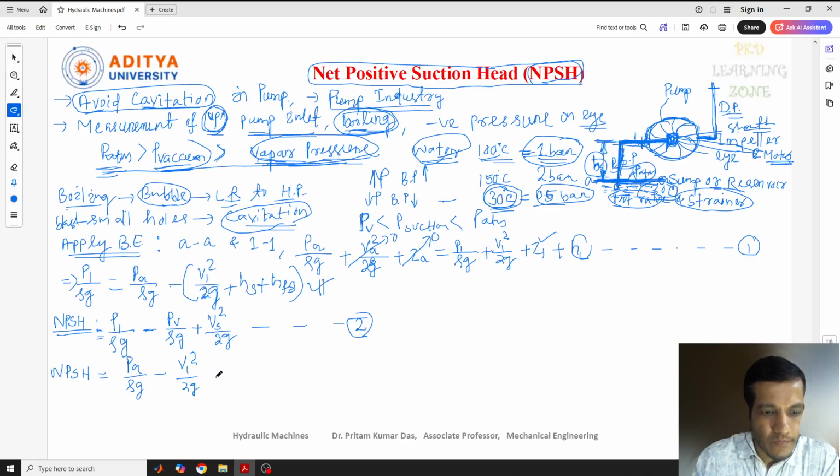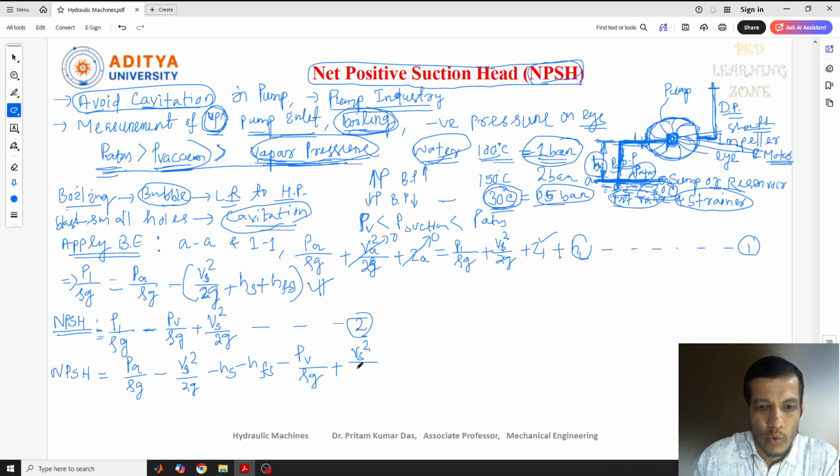This V1 is nothing but the suction velocity, so we can write Vs here. Similarly here also I can write Vs, the suction velocity. And this is minus Hs minus Hfs, and here it is minus Pv by rho g and plus Vs square by 2g.